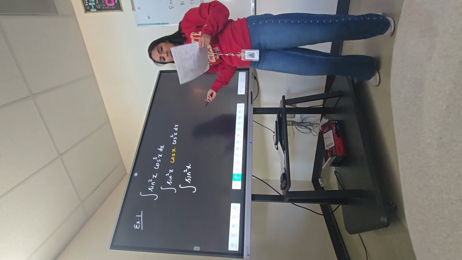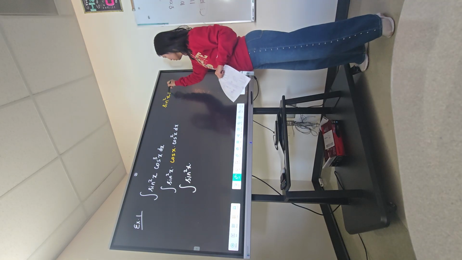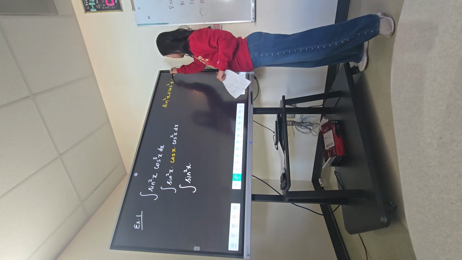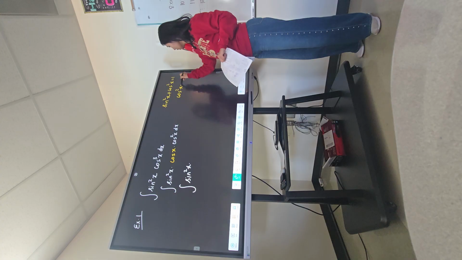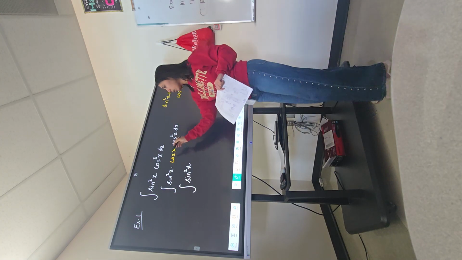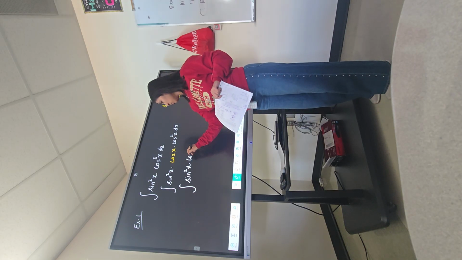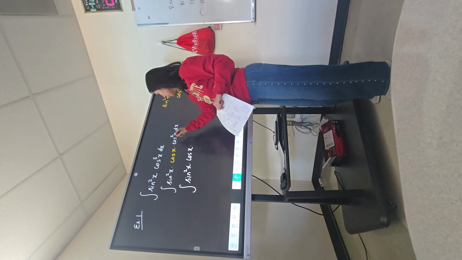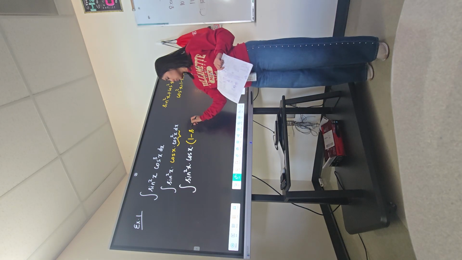The Pythagorean identity, which equals 1. We can rewrite cosine squared x equals 1 minus sine squared x. The factored out cosine x is going to be in white now, and this part I'm rewriting as 1 minus sine squared x.